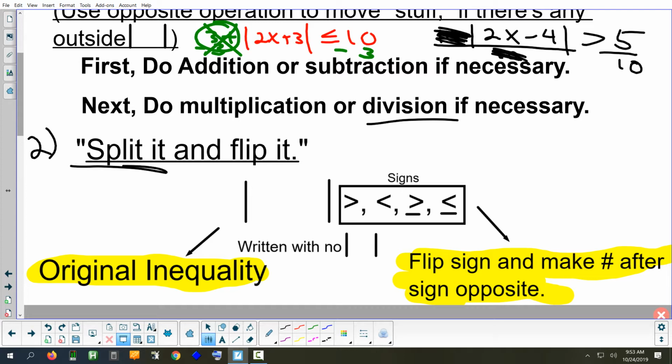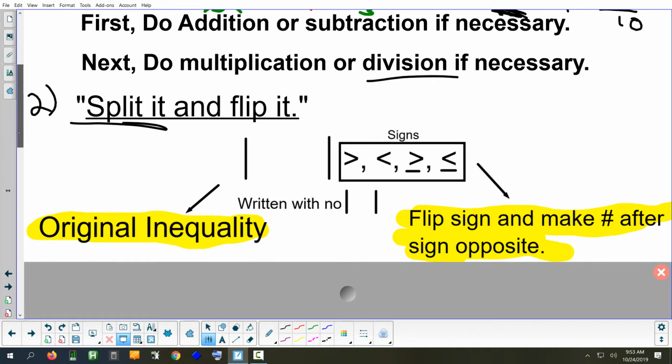Now, for the other one, this one's a little tricky. We're still going to write without the bars. Okay, there's no bars. But we got to do 2 extra things. We did this in the warm-up. We made the number on the other side the opposite. I think we had a 6 and we made it like -6, something like that. So this is the extra step.